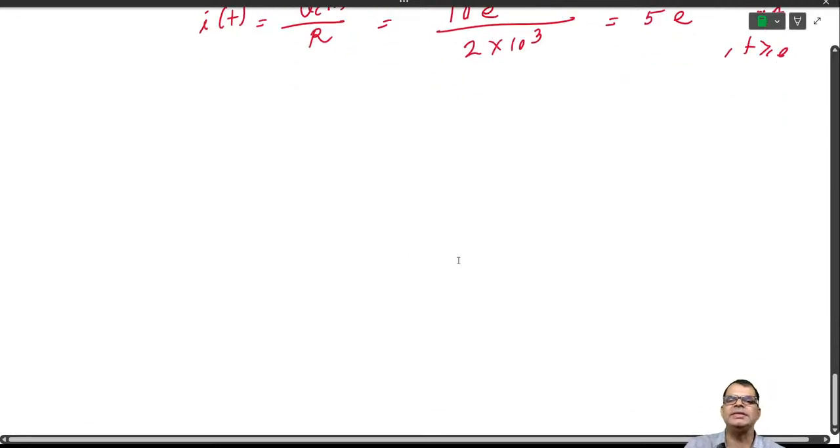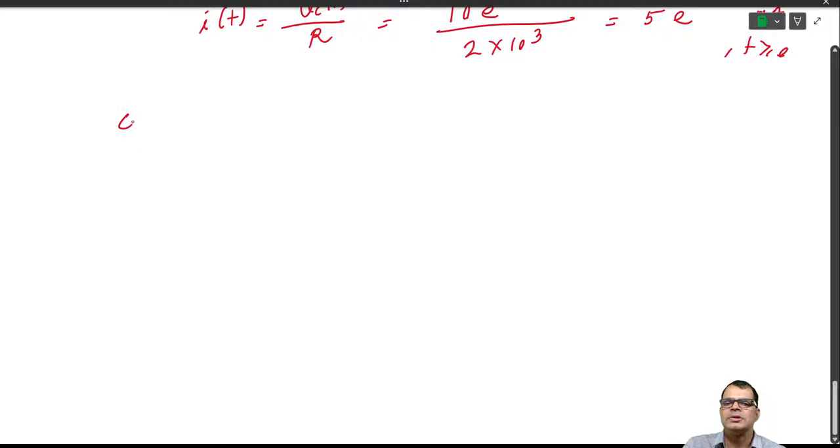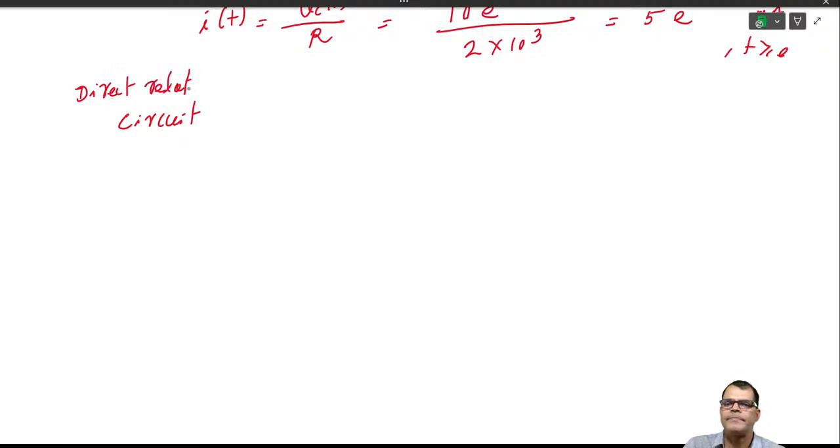The precondition is that the circuit must have a single time constant.